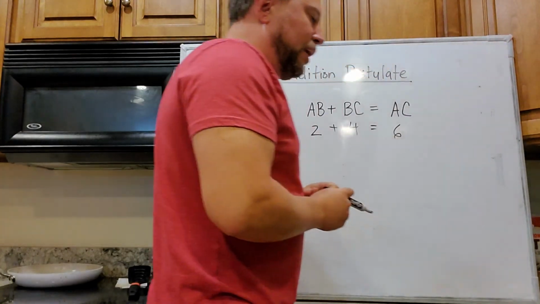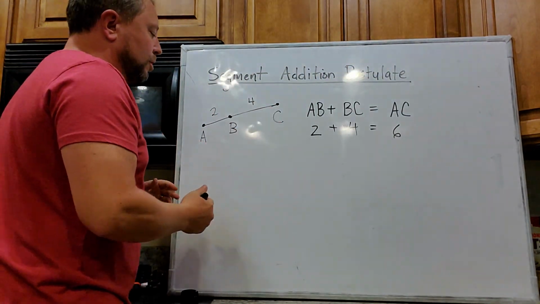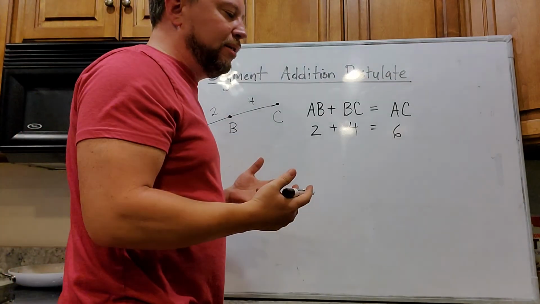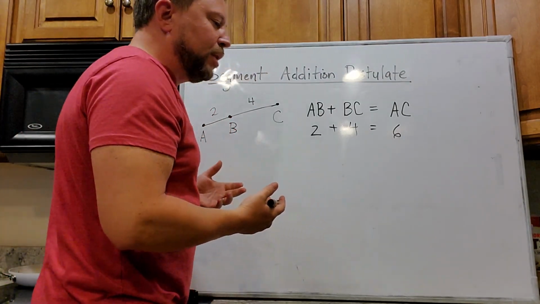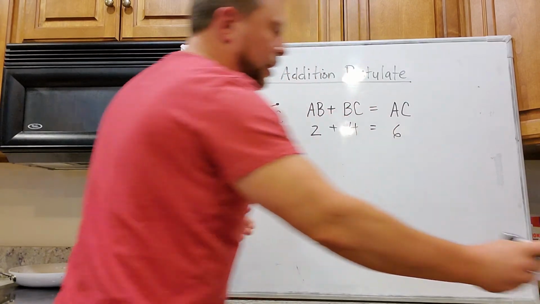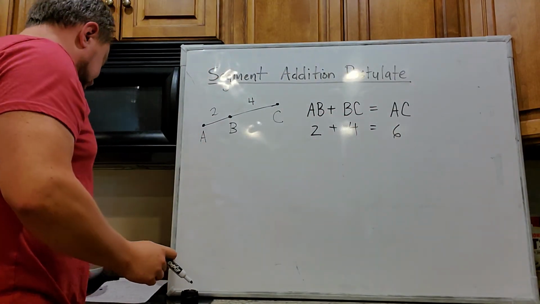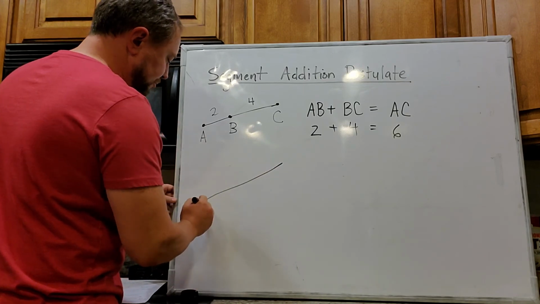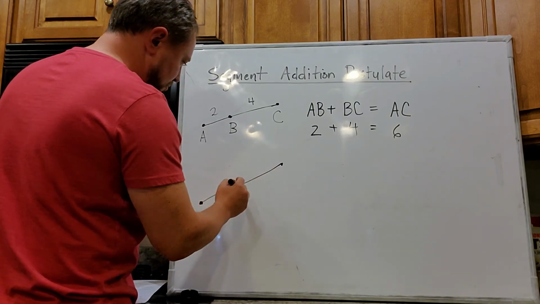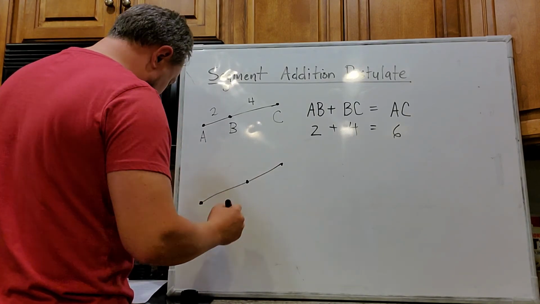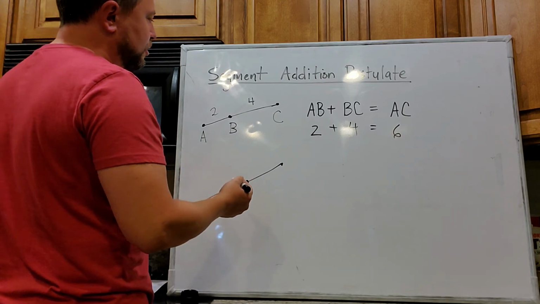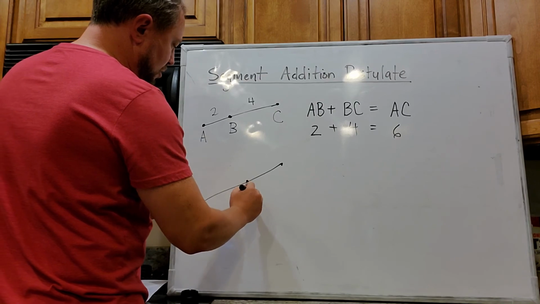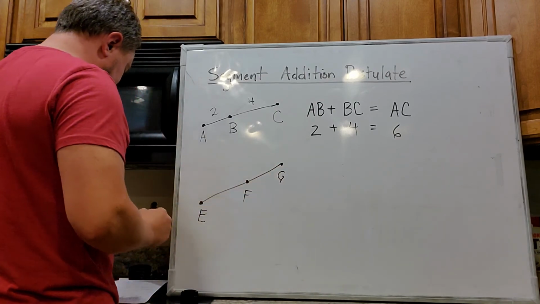So let's try a problem you might run into on your homework that would involve this kind of stuff. And again, this is a very simple idea. Let's say that I've got a segment that looks like this. We're going to call it EFG.